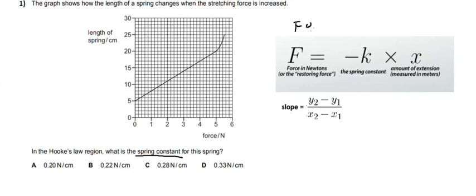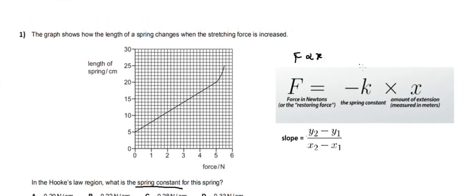So force is directly proportional to extension in the case of Hooke's law. From this formula, the spring constant is F divided by x. If I take this x to the left-hand side, it will go into the denominator. So F divided by x is nothing but the spring constant.